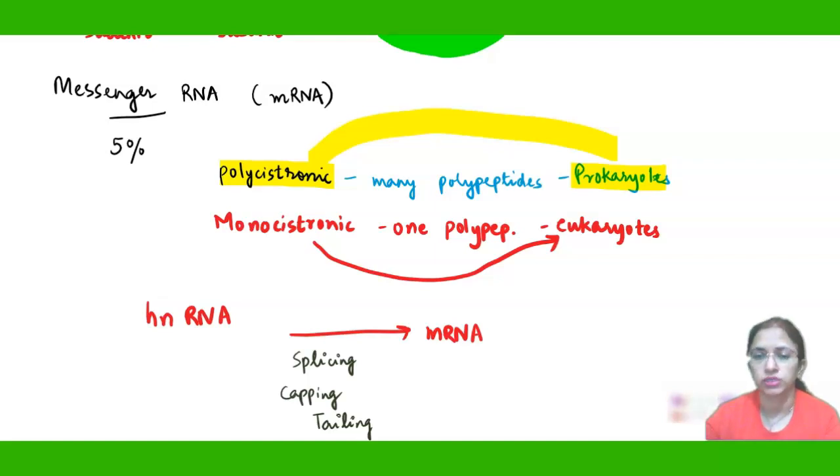Processing happens in 3 steps: splicing, capping and tailing. Mind you, these steps occur in the eukaryotes. Prokaryotes don't go for such processing. They immediately transcribe, and after transcription they immediately go for translation, meaning in between there is no processing.